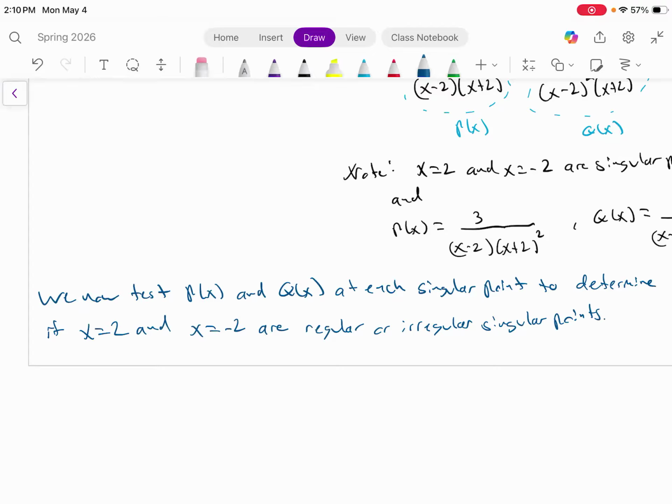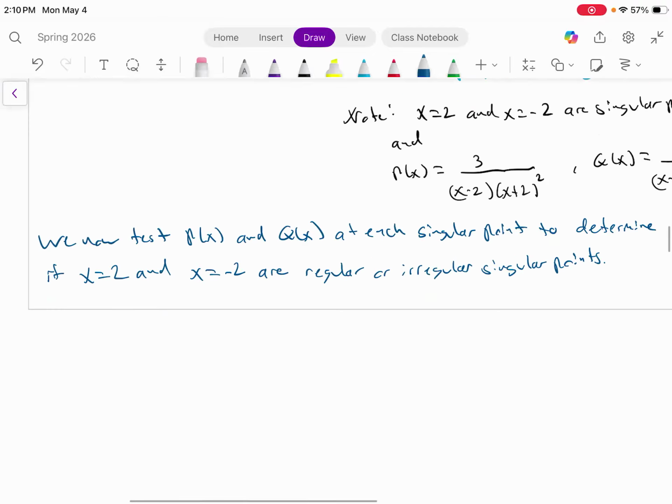So let's try it out. Let's try out x equals 2 first. All right, so for x equals 2, okay.